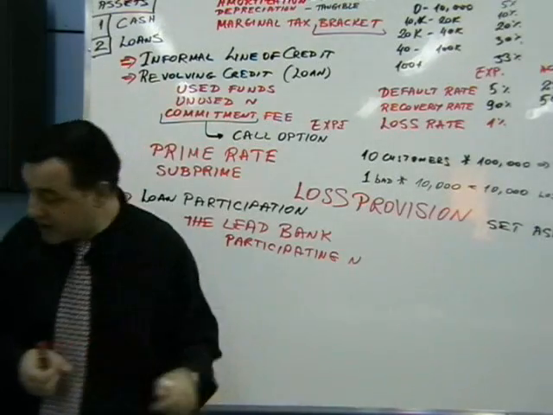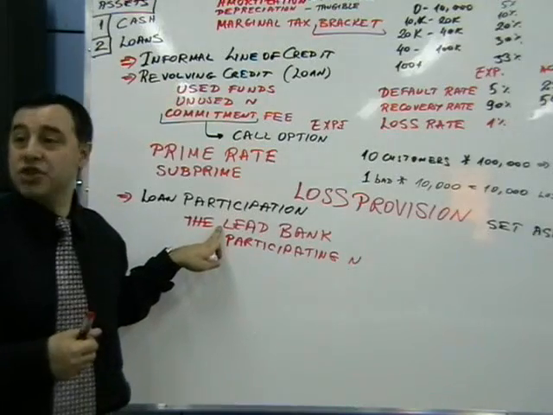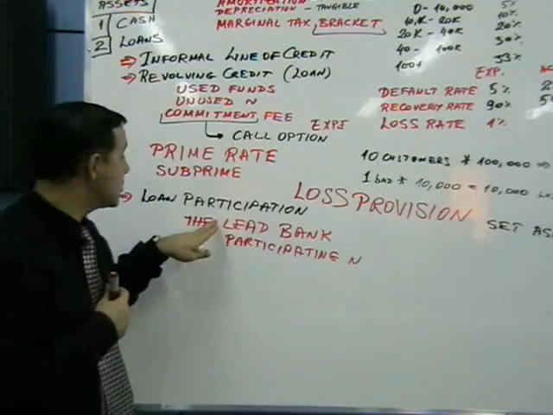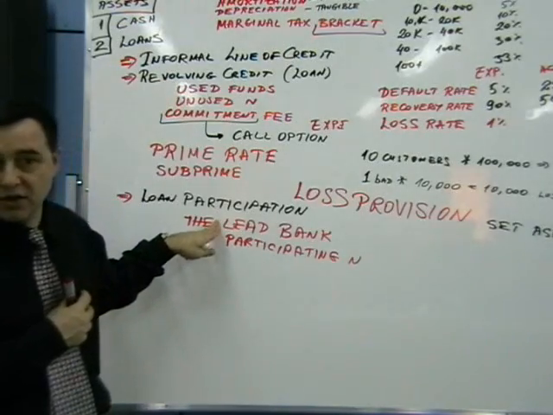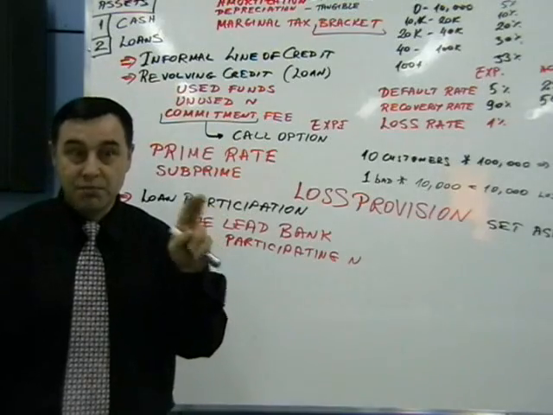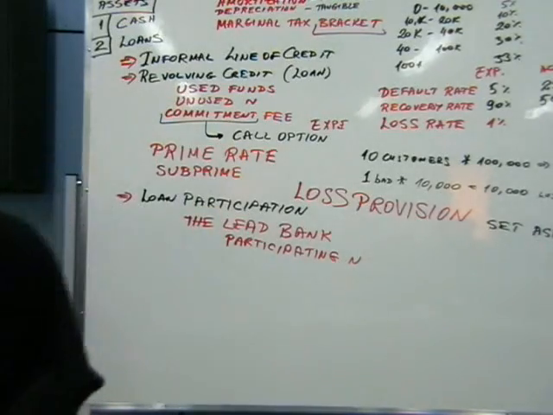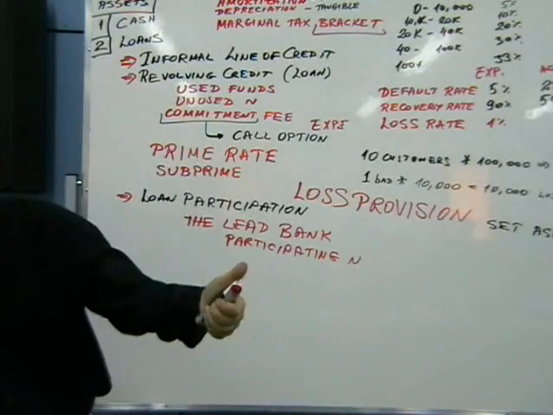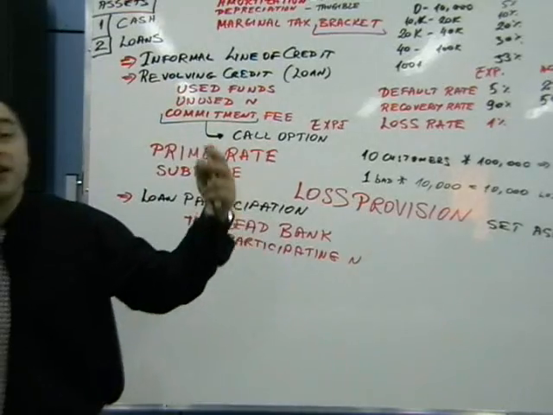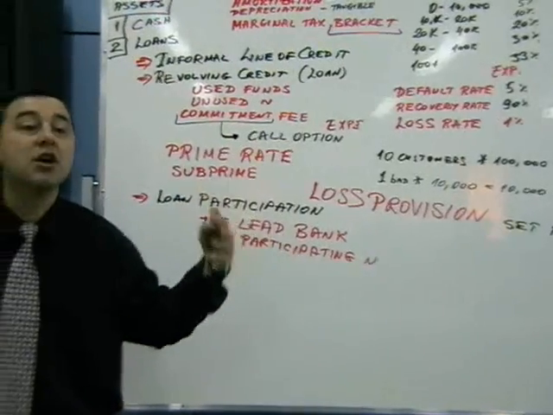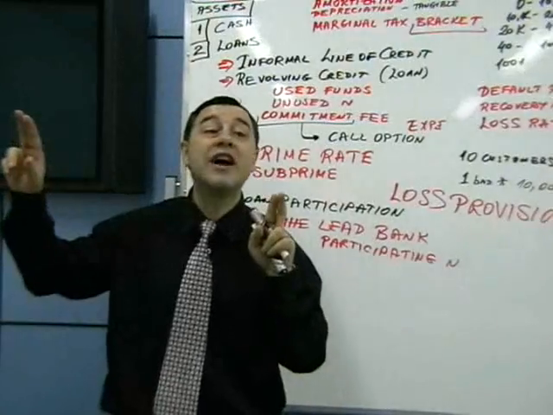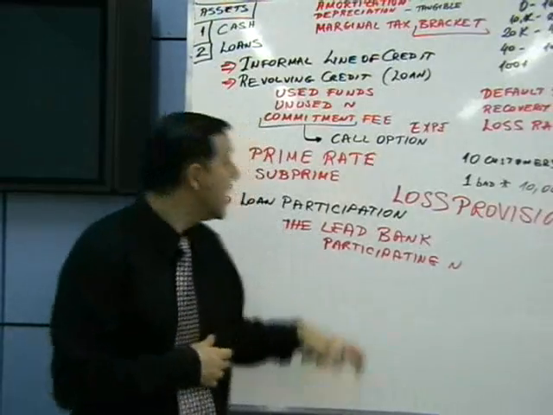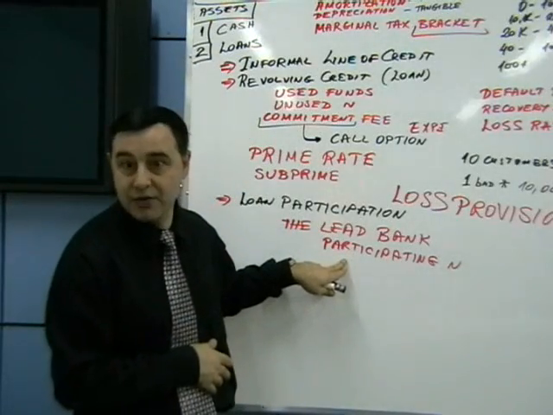So there is no transfer of risk from participating banks to the lead bank. Everyone shares. All right? But not equally, percentage-wise from their participation. So the lead bank arranges for documentation, for the disbursement, for the payment structure of the loan, and for servicing the loan, collecting, foreclosing, doing everything else, and then distributing back to participating banks their shares.